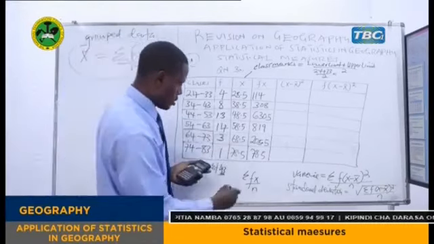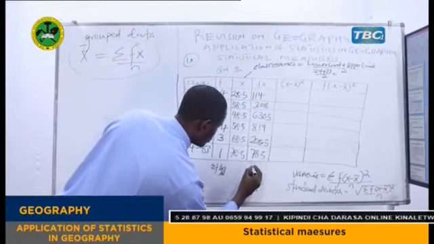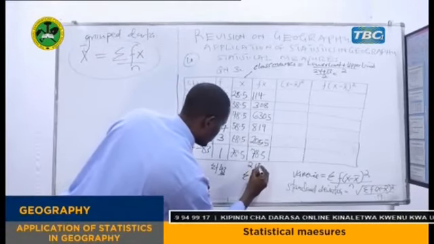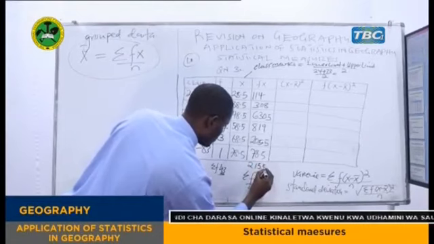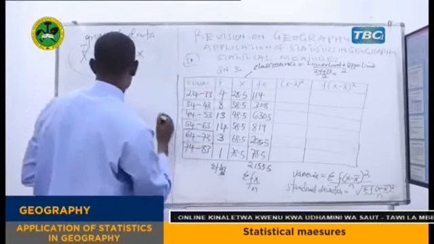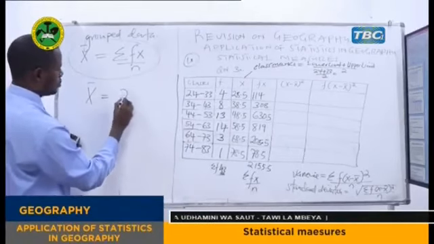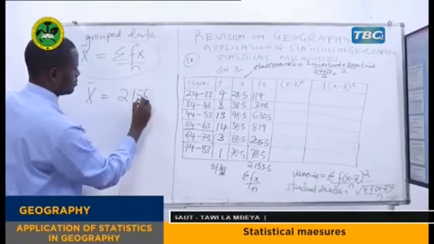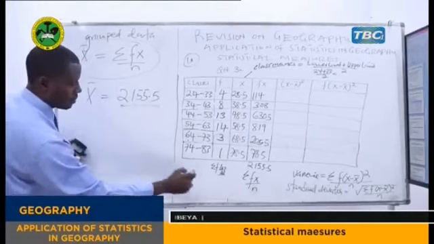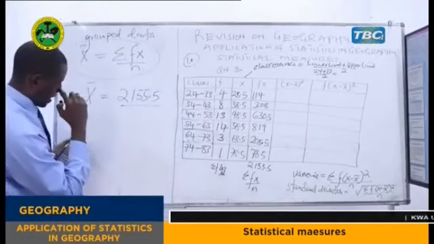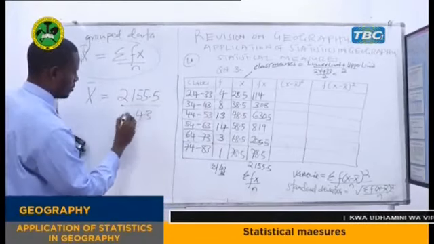Then we come up with a total of 2155.5. So the mean for that particular case will be 2155.5. Then we divide by the number, that is n, we divide by 43.